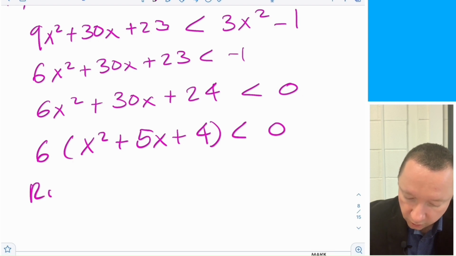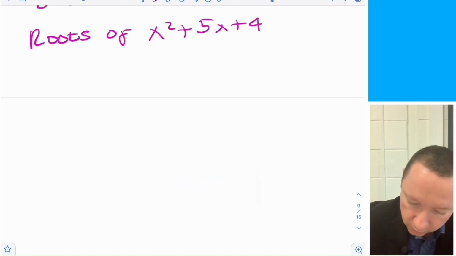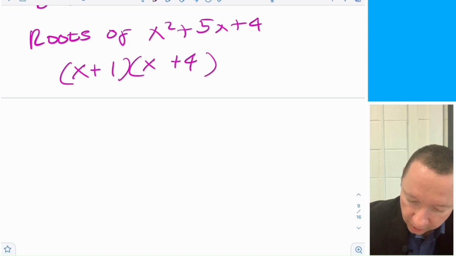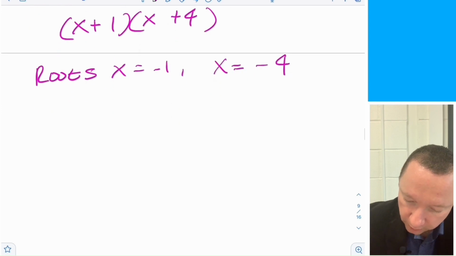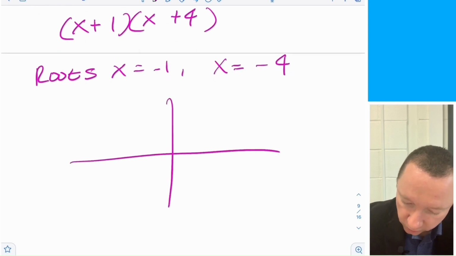So let's look at the roots of x squared plus 5x plus 4. So that factorises to give us x and x. We've got 4 and 1, plus and plus, so roots at x equal minus 1, x equal minus 4. So we can draw a quick graph to show the roots.